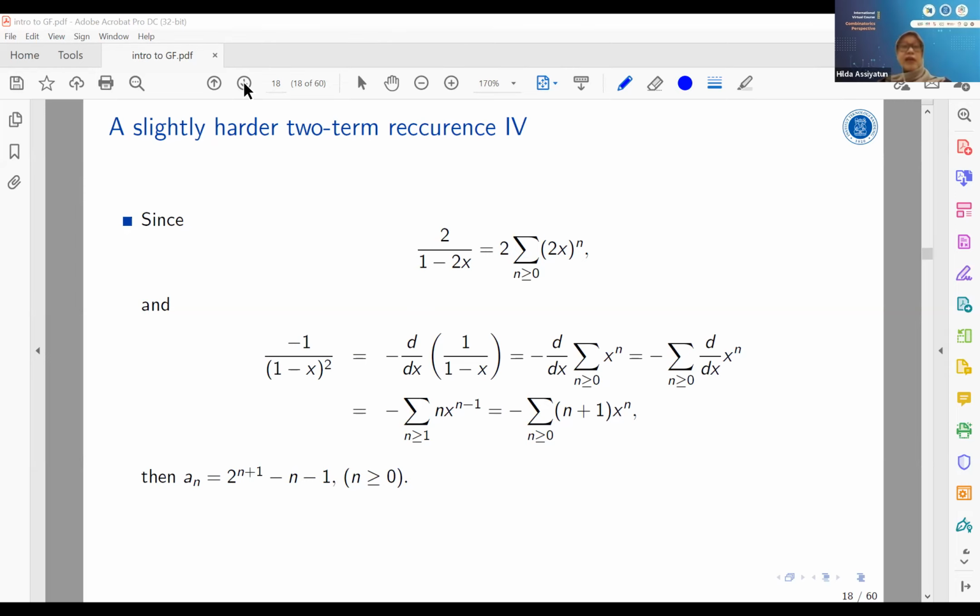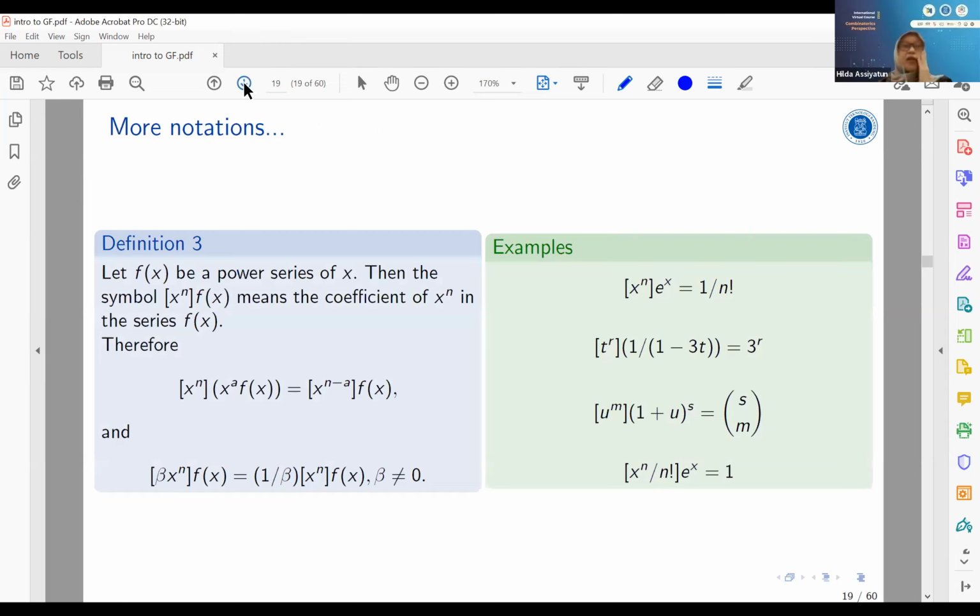Now, before we move to more complicated sequences, we need some more notation. Here, if f(x) is a power series in x, then the symbol [x^n] f(x), with square brackets, means the coefficient of x^n in the series of f(x).